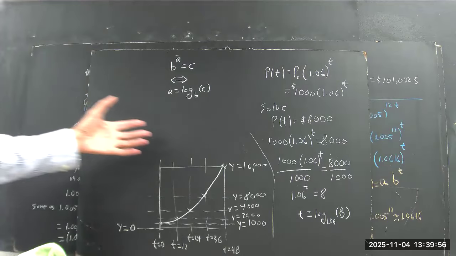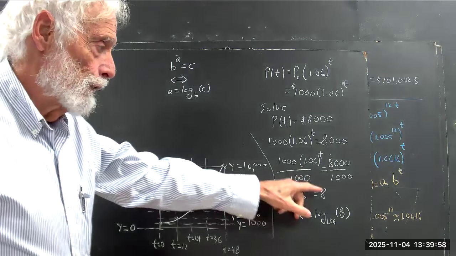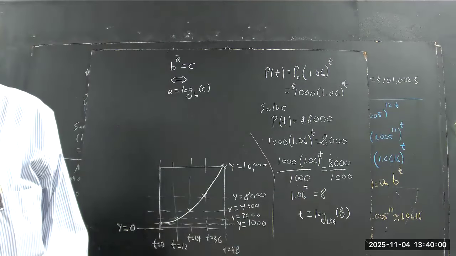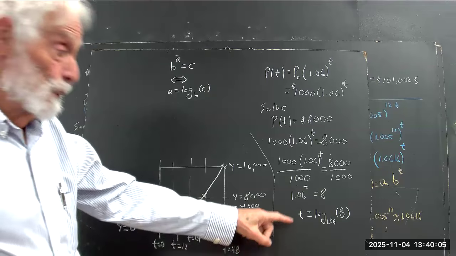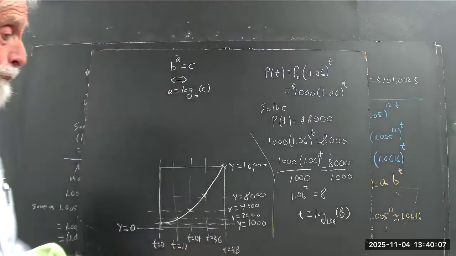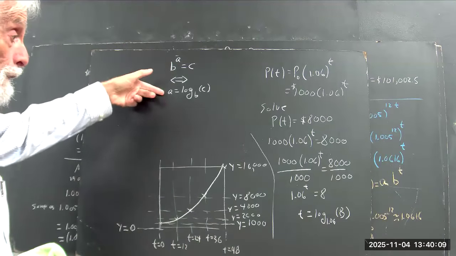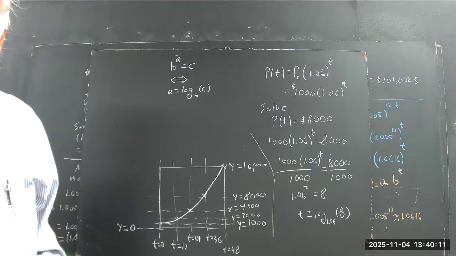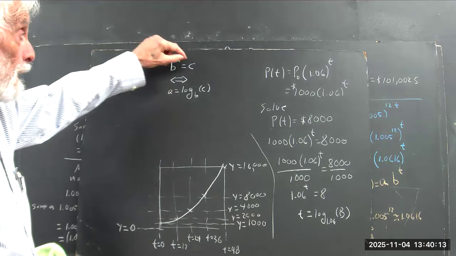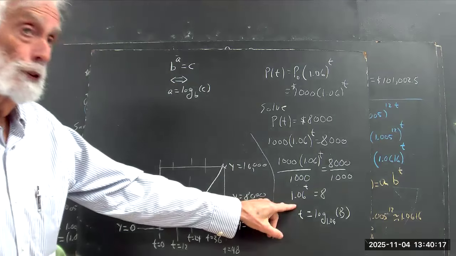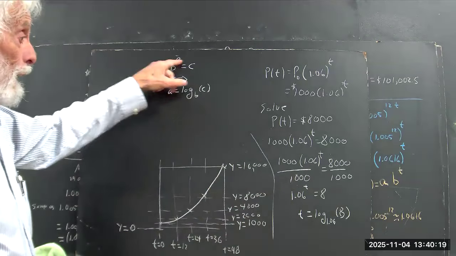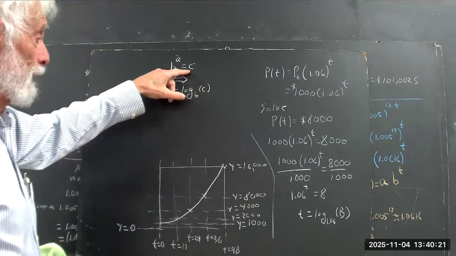Now look at 1.06 to the t equals 8. Okay, you're looking at that? Is that like one of these expressions? It's like b to the a equals c, where b is 1.06, a is t, and 8 is your c.